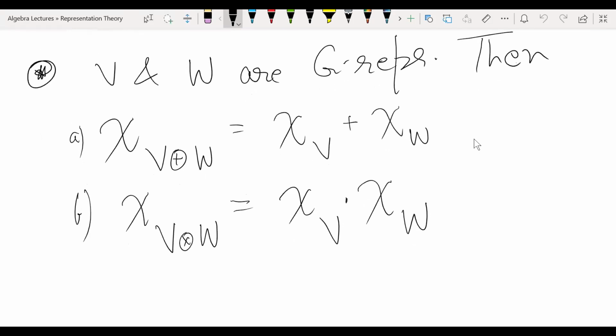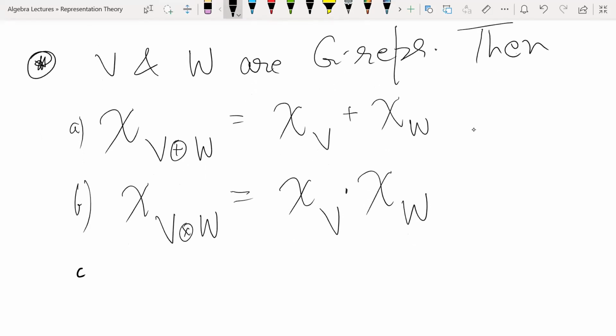So let's extend this to the other two. What is the character of V dual? If V is a representation, we know there is a dual representation. So what will the character function for the dual representation be in terms of the actual representation?